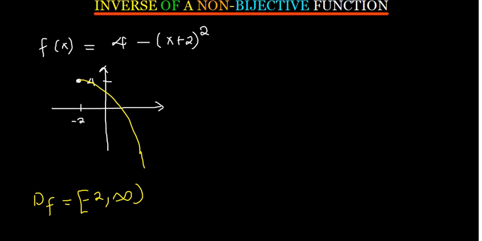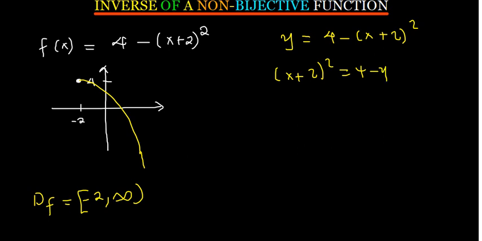So we're going to make y the subject of the formula. So we're going to equate f of x to y. So y is going to be 4 minus (x plus 2) squared. Since this is negative, I'm going to take it to the other side, it becomes positive. (x plus 2) squared is going to be equal to 4. This y, I'll take it to the other side, becomes negative.